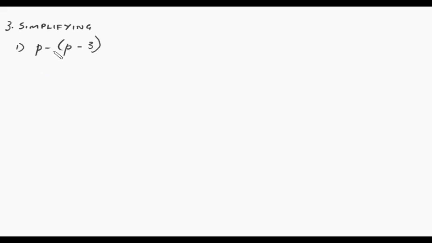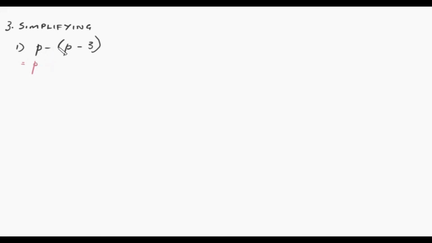So if the question says simplify, that means you need to distribute this negative sign into the bracket. Simply, you need to remove this bracket. So we shall have this p.